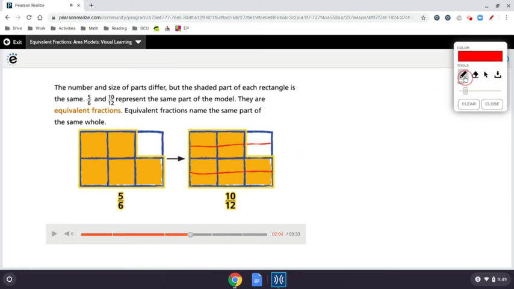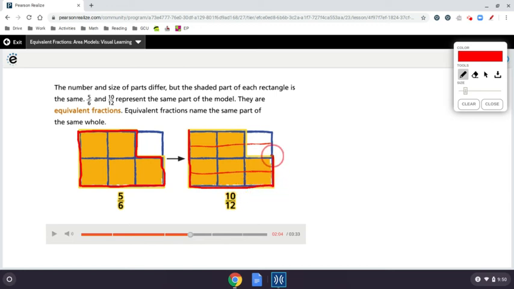So I want to point that out to you, because while we have 6 parts that make up the whole here, and 12 parts that make up the whole here, you can see the line to create more parts, but the amount that's shaded looks exactly the same. It is the exact same size. Here you have this part shaded in, and here you have the same exact part shaded in, the same exact size.